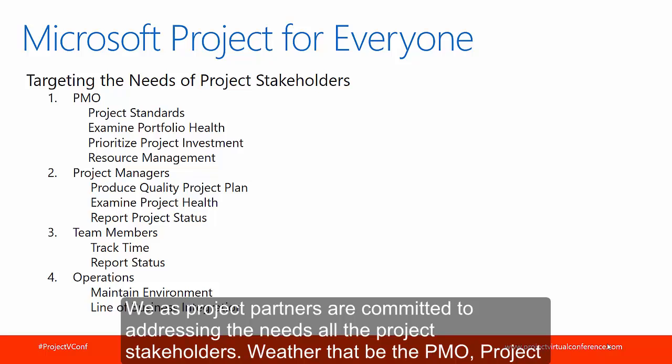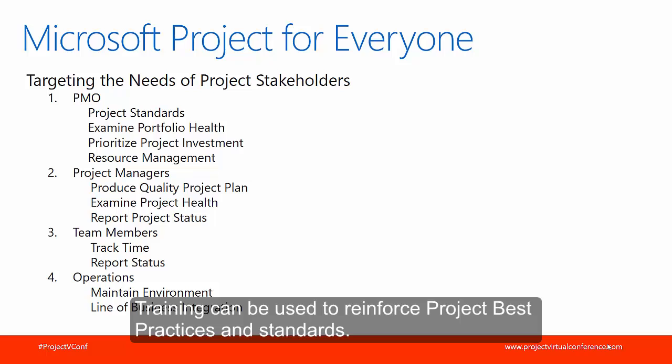We as project partners are committed to addressing the needs of all project stakeholders, whether that be your PMO, project manager, team members, or operations, and there are a number of ways we can accomplish this. Training can be used to reinforce project best practices and standards.